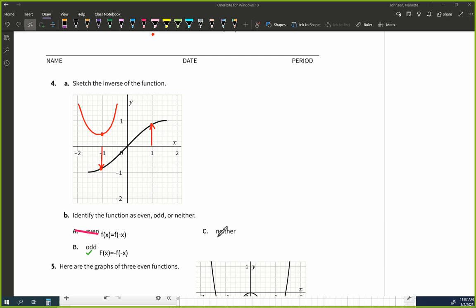So for example, if it's not equal, it should be crossed out. If it's not equal and if it's not opposite, then it's neither. Does that make sense? Right? So this is not a binary thing. Binary means it's either this or that, right?